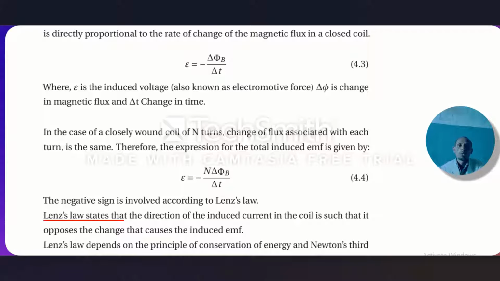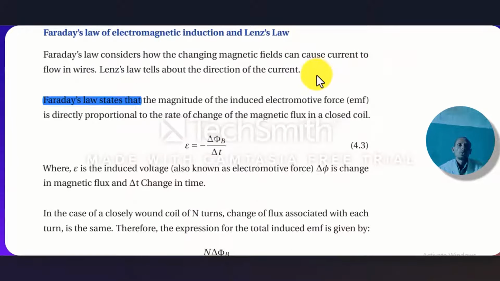Let me show you something about Faraday's law. According to Faraday's law of electromagnetic induction, Faraday's law considers how a change in magnetic field can cause current to flow in wires, while Lenz's law tells us about the direction of the current.